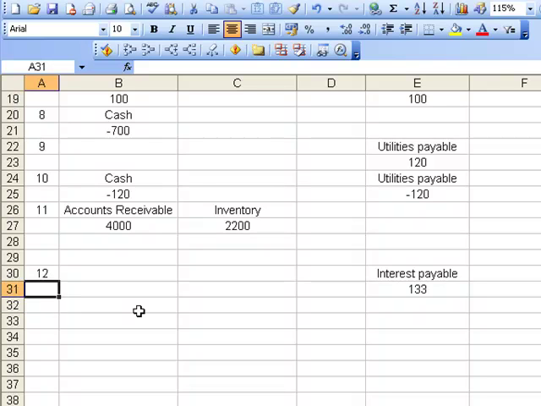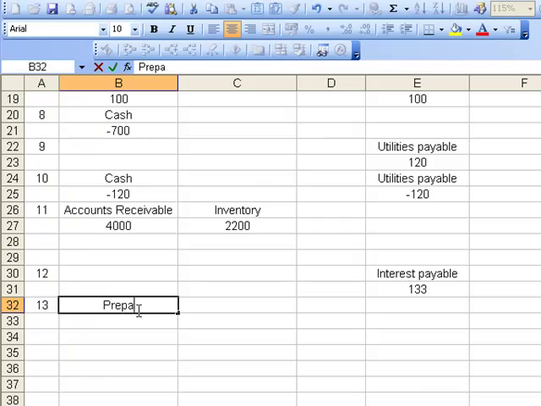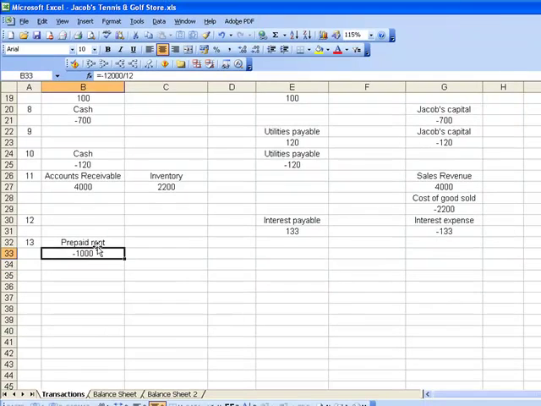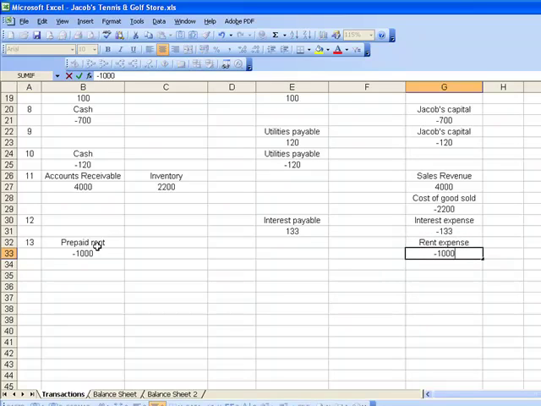Let's input this transaction as number 13. At the end of January we have prepaid rent decreased by the 1/12 portion of 12,000, which makes 1,000, and it's a negative number because it's a decrease. And we also have a rent expense in owner's equity, which is also a decrease by 1,000. Again, we have a balance.